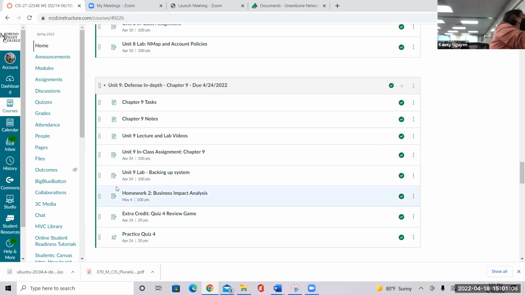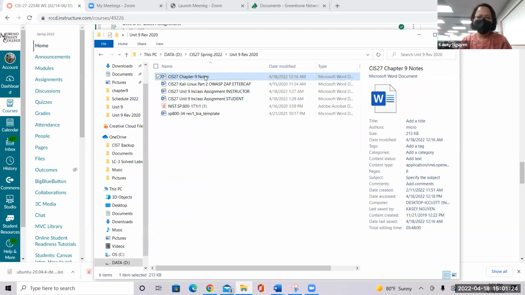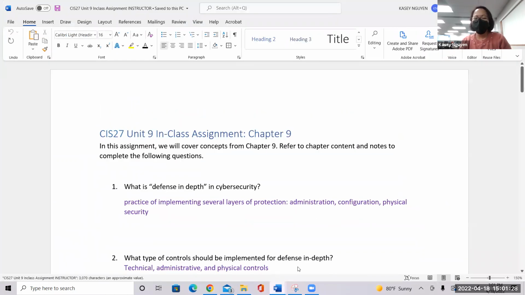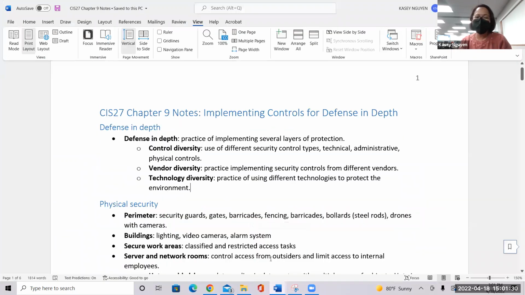Okay, so go ahead and download your assignment and the notes. Okay, so we are going to cover the assignment and notes. So let's take a look at the notes first.